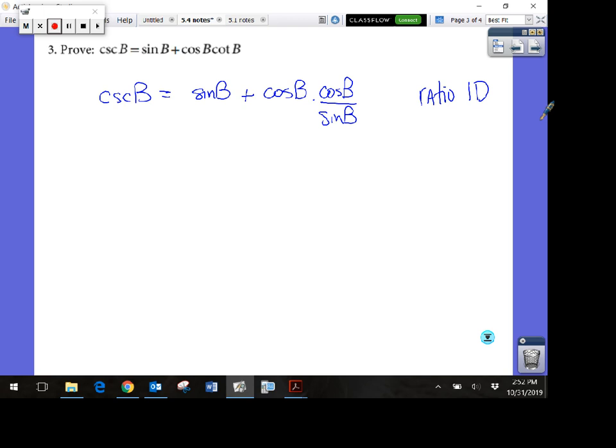It's reciprocal. Flips it. Okay. So the ratio IDs are only changing tangent and cotangent to sines and cosines, or sines and cosines to tangent or cotangent. Those are the only ones that fall under the ratio.